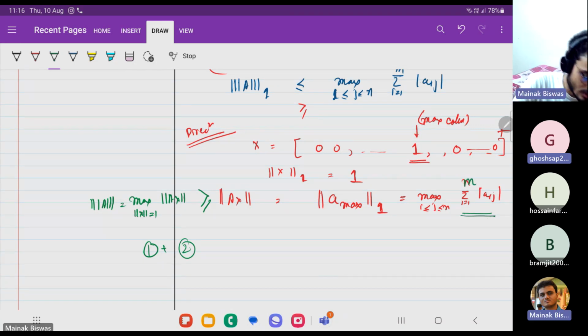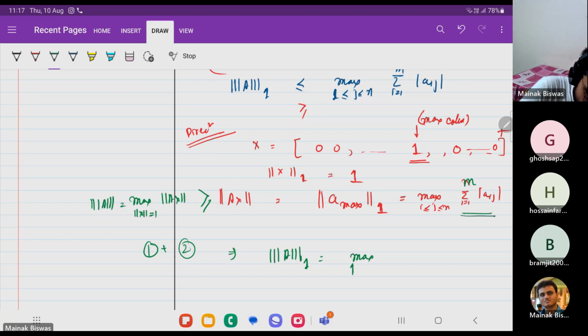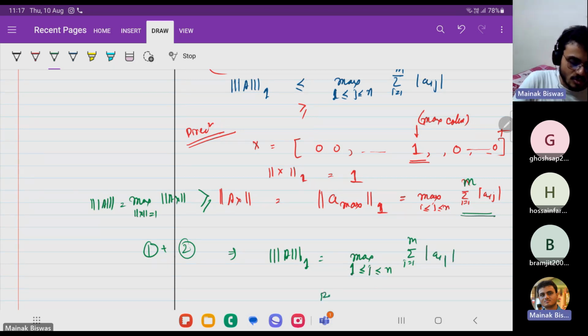So you're following, very good. So 1 to n is showing that your L1 norm is the max of the column sums. Good. Proved.